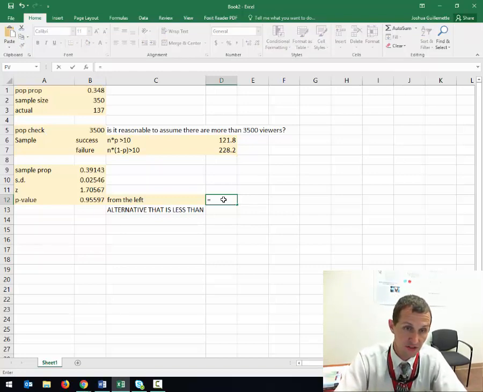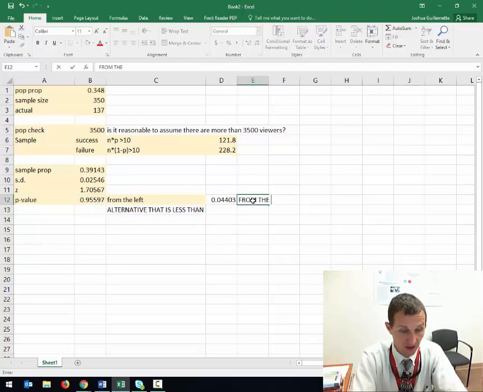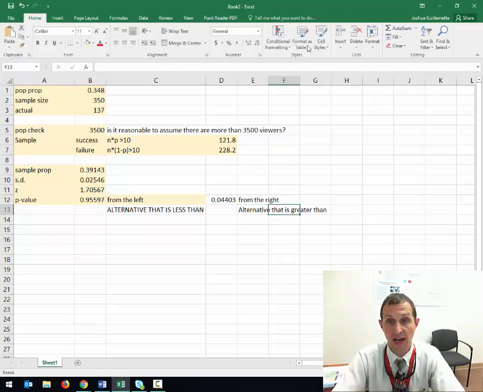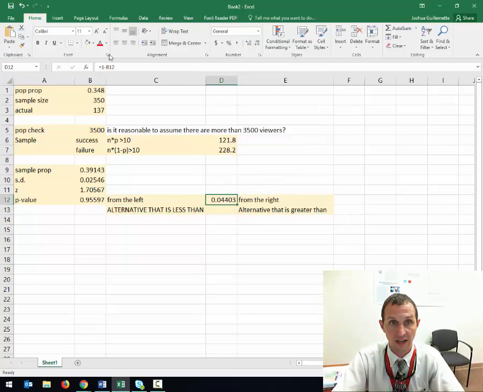So you want the other side, you do 1 minus the p-value. And that tells you from the right, and that's for an alternative that is greater than, which is what we have. We have an alternative hypothesis that is greater than, and so this is the number we want to use. This one right here is the star of the show.